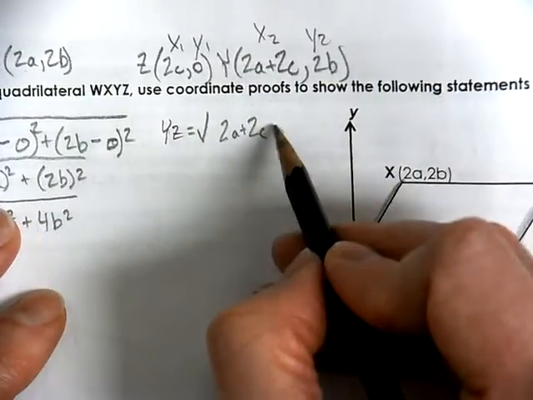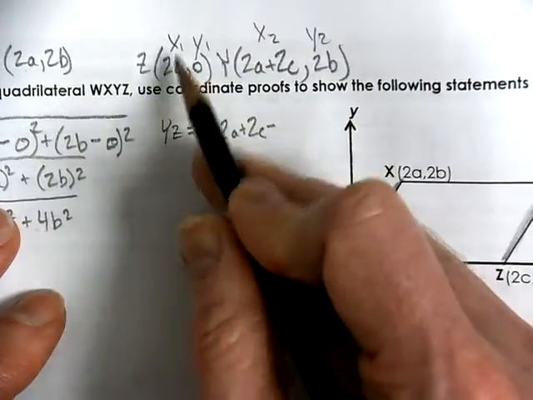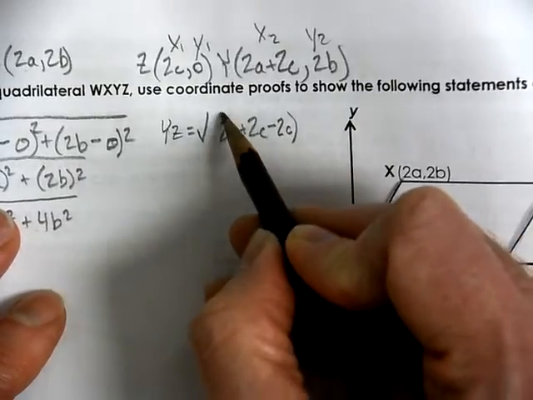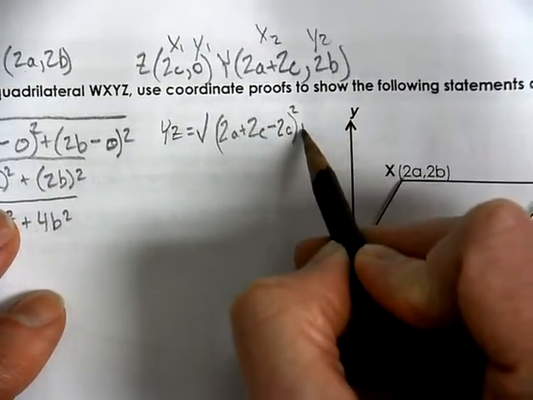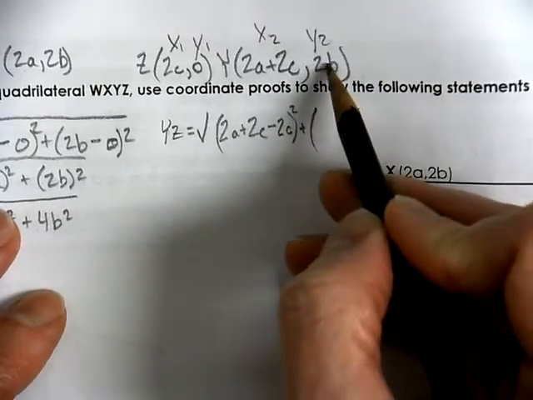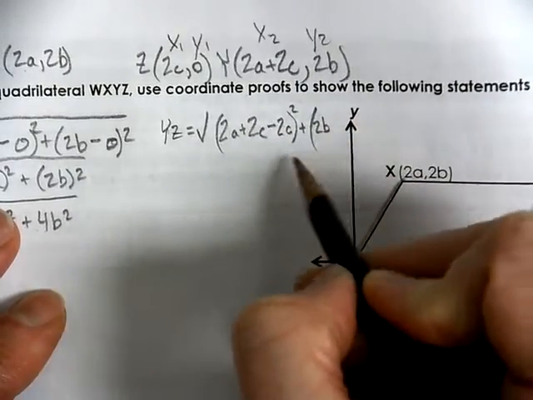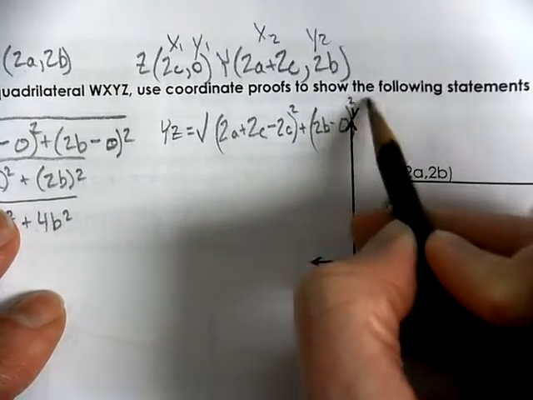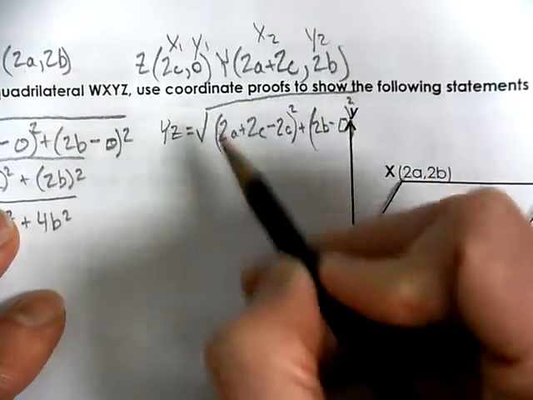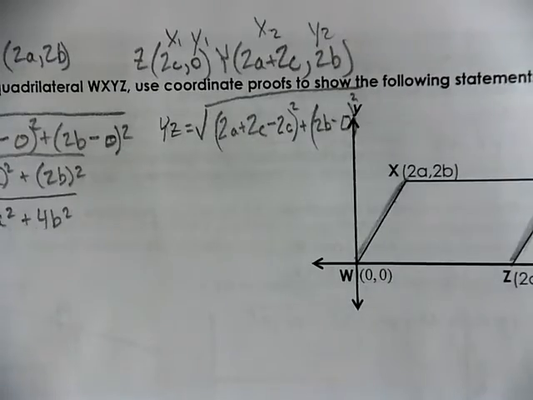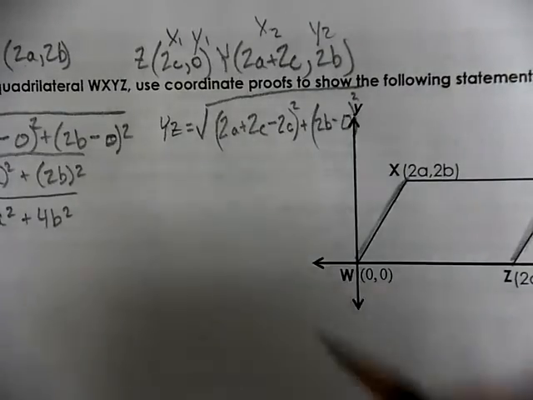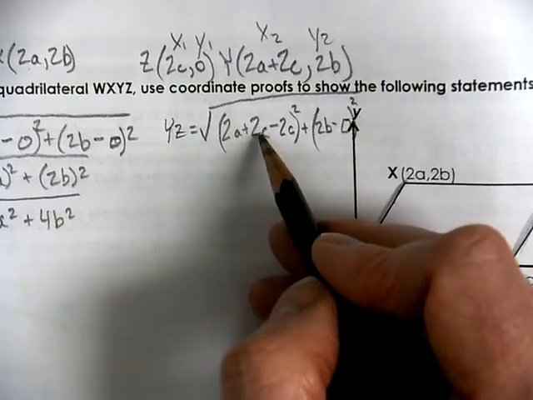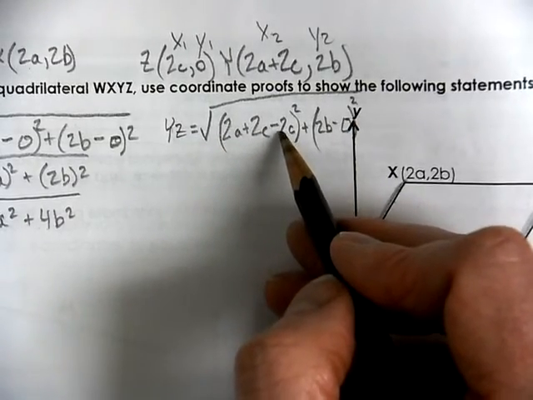So X2 minus X1 and Y2 minus Y1, and we plug in those values. So here we have 2A plus 2C minus 2C.